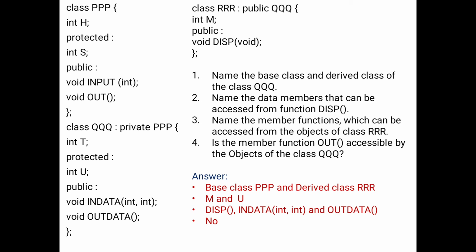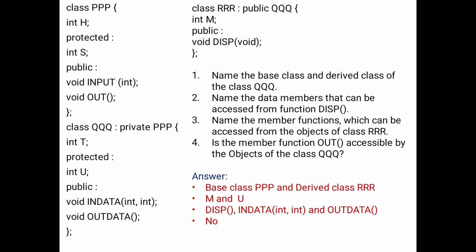Since the class RRR has public access to the class QQQ, int t, which is private, will not be inherited at all, and it can have access to int u because it is protected.